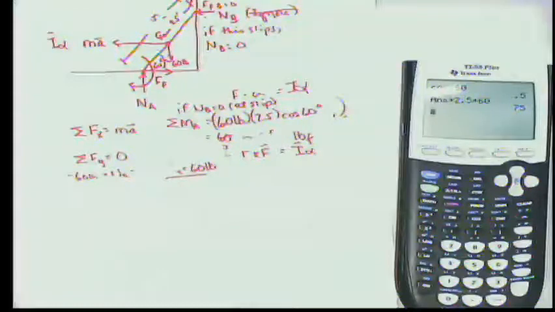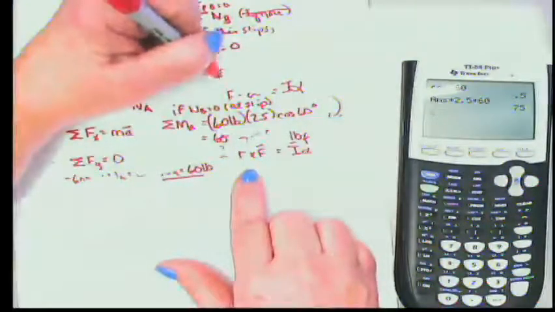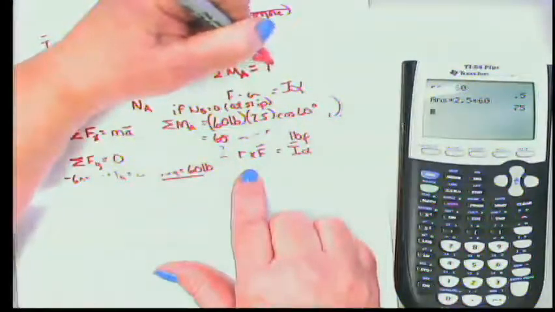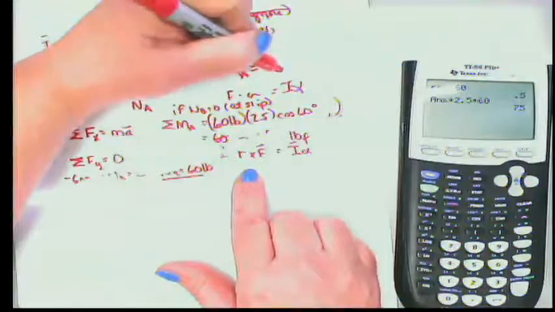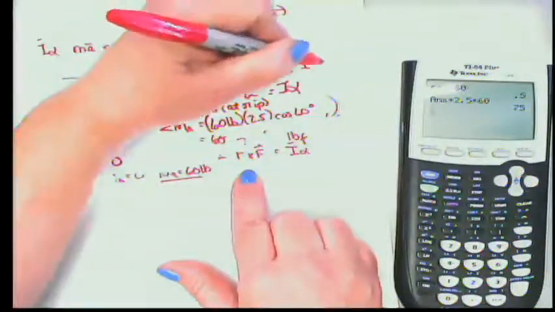Let me go back here and take a look at something. What we're basically saying is the summation of moments about point A is equal to the rate of change of angular momentum about the center of gravity, and that's equal to I bar times alpha.